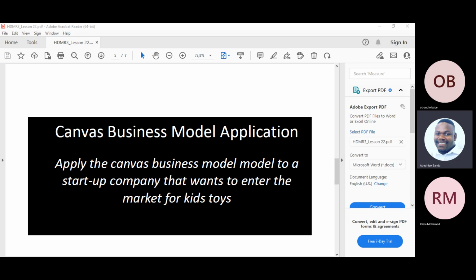Have you ever had any experience with kids? Like your sister's kids, your siblings, if you've got little brothers? Yes. Okay. Because when you're starting up a business, you need to have some idea about something. That's why I'm asking you these questions. So we are all aware of kids' toys, right? Yes.